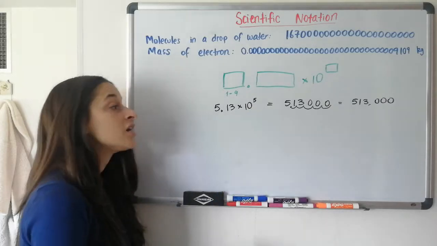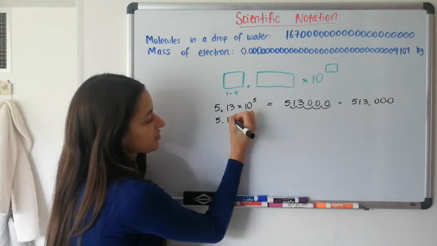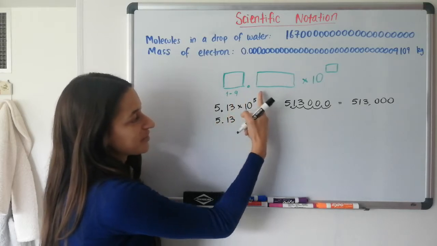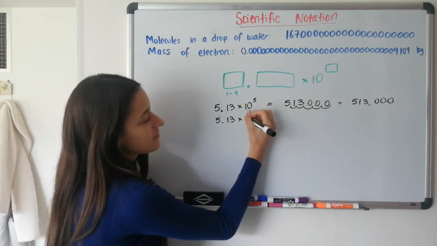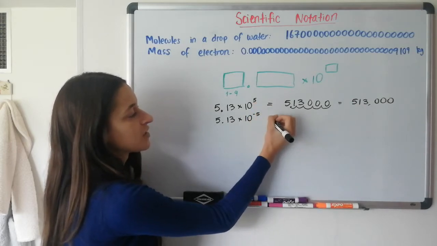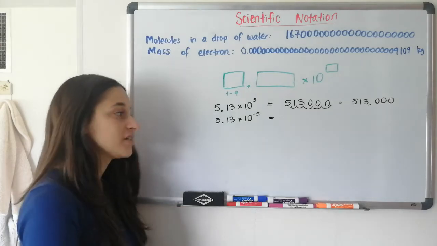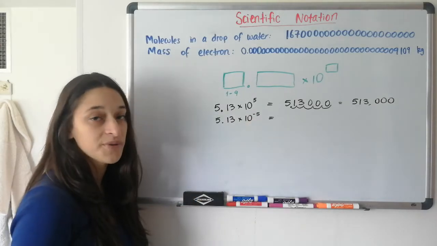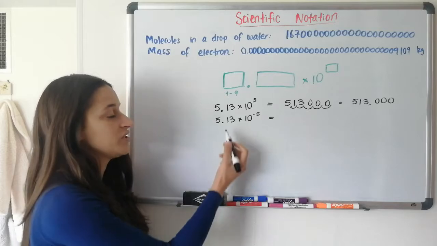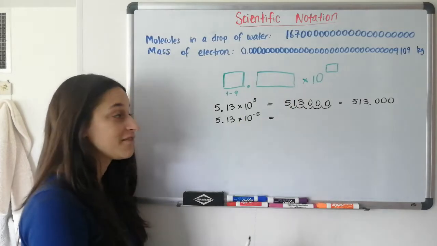Now let's see what happens if the exponent is negative. I'll use these same numbers, just for the example, 5.13, times 10 to the, but instead of positive 5, we'll have negative 5. What that means is that we'll have a really small number. When the exponent is negative, the number is small. How small? Well, we do the same thing, but instead of moving the decimal point to the right, we're going to move it to the left.